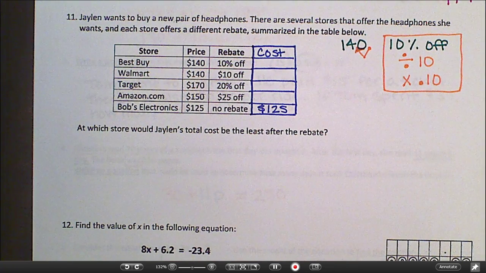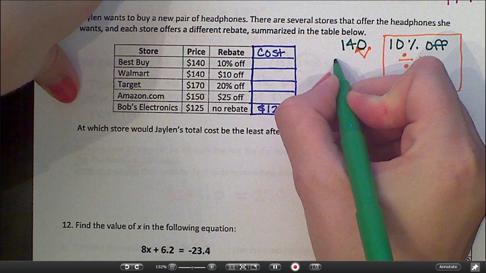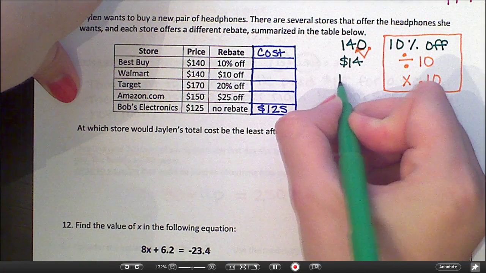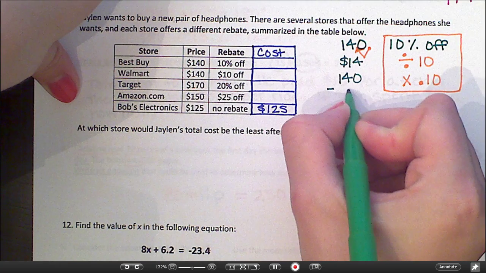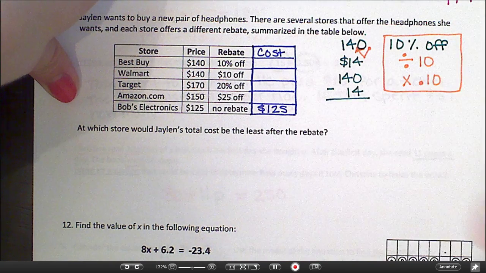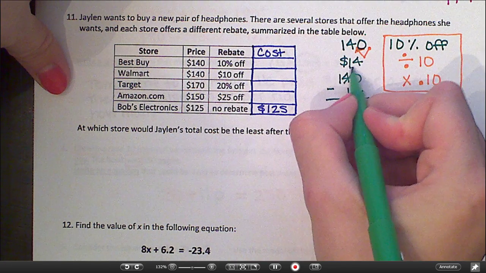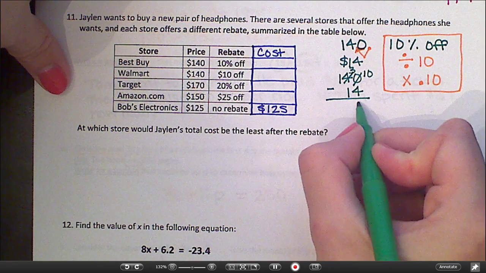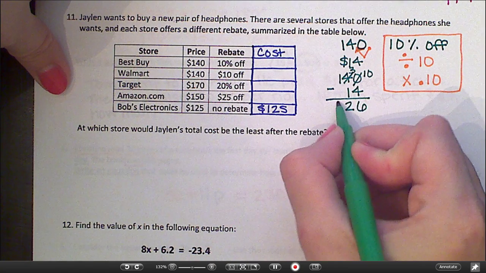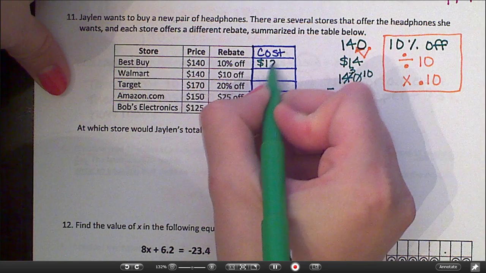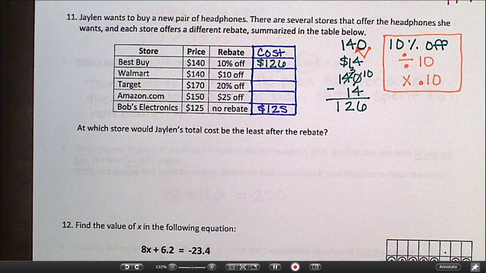So 10% off would be $14 off. $140 minus $14. Go ahead and work this out, please. She's going to pay $126 at Best Buy.